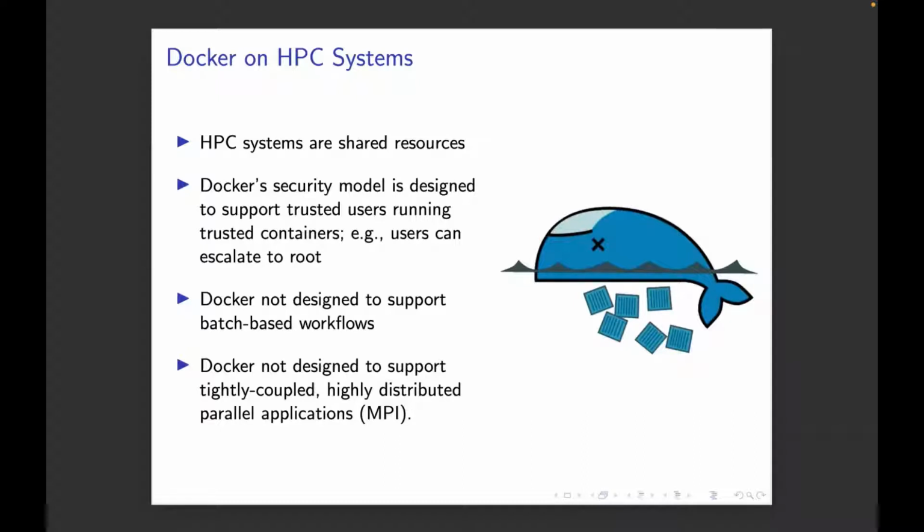People in scientific computing and the HPC space were really interested in using it because of all the advantages of containerization, but they ran into these problems with the security of Docker, because on HPC systems you have this shared space, right? Each of you can run code on Expanse right now in, say, the shared queue.